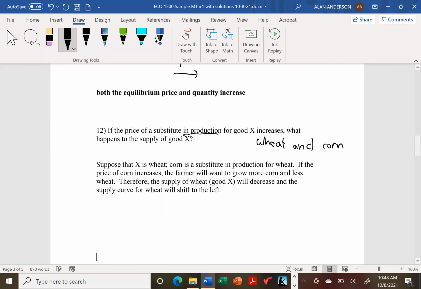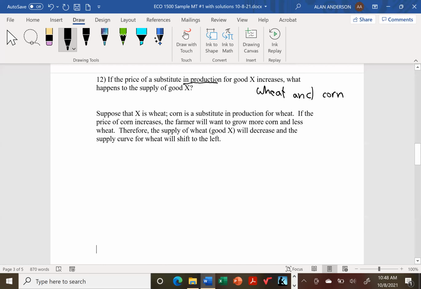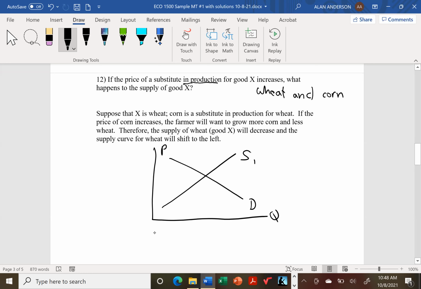All right, so let's remind ourselves what that looks like. So this time we're shifting S, so I'll call that S1 and S2. Point 1, point 2. Q1, P1.